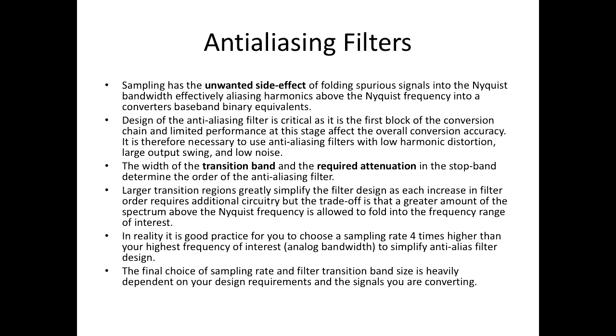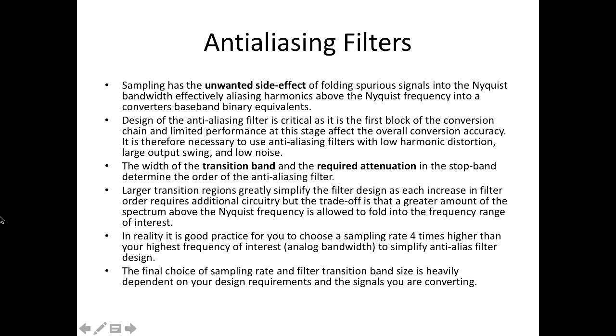The width of the transition band and the required attenuation in the stop band determine the order of the anti-aliasing filter, which we already discussed. Larger transition regions greatly simplify the filter design, as each increase in filter order requires additional circuitry. But the trade-off is that a greater amount of spectrum above the Nyquist frequency is allowed to fold into the frequency of interest. So we have to find a trade-off between the sampling frequency and the number of poles.